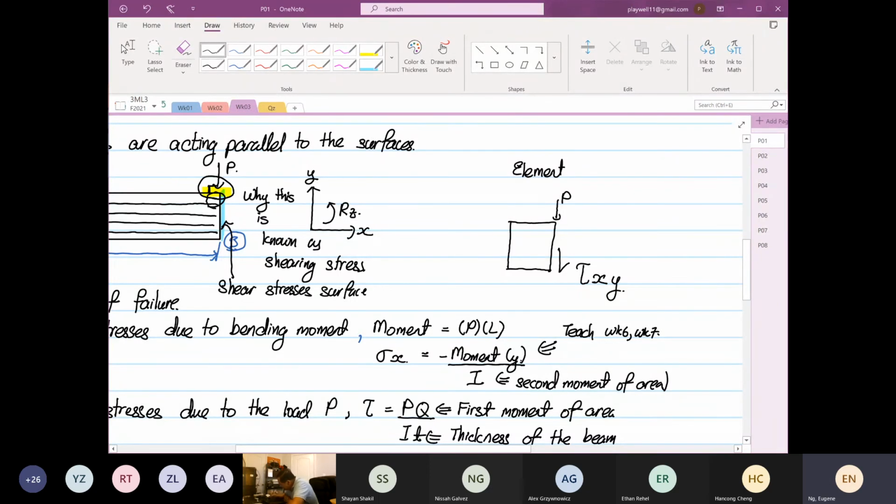Okay. So over here, let me explain you, the x represents the intersecting plane. The y is the applied force direction.